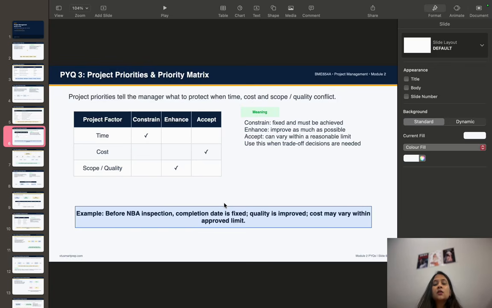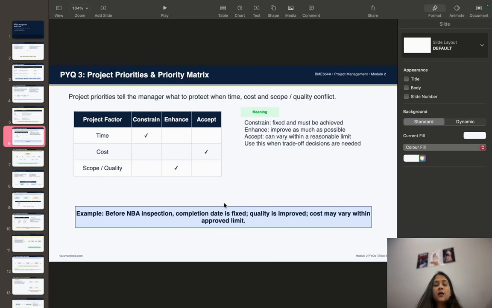In the organization they will try to improve the quality: the quality of teaching, the quality of environment, the quality of infrastructure. They will try to enhance it, right? And cost may vary within the approved limit, so cost is accepted. This matrix is useful whenever trade-off decisions are required in the project.